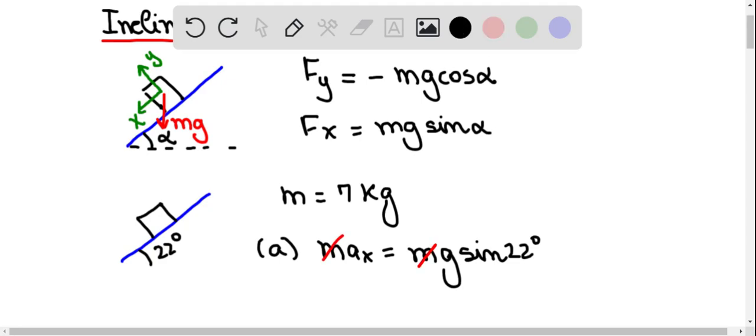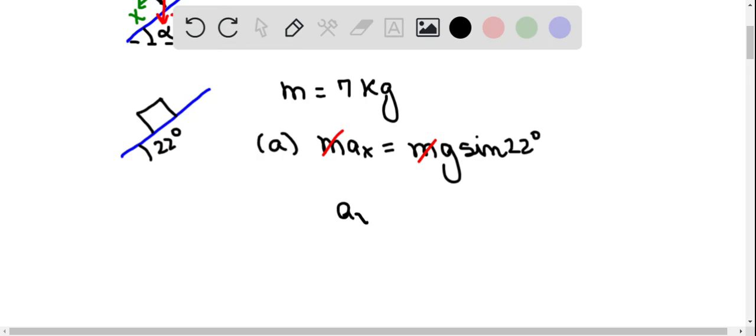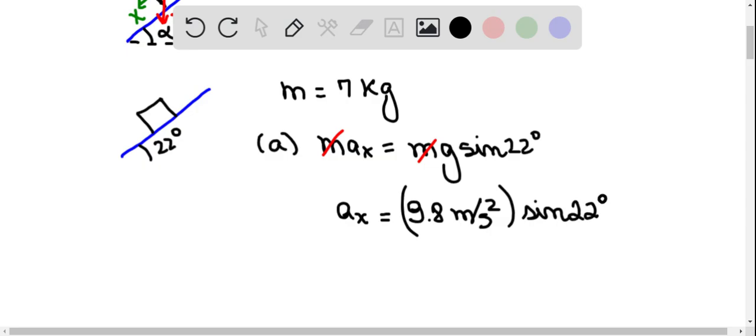The m's cancel out, and the acceleration in the x direction is just g, that's 9.8 meters per second squared, times the sine of 22 degrees. So the acceleration in the x direction is equal to 3.671. Let me round it down to 3.67 meters per second squared.